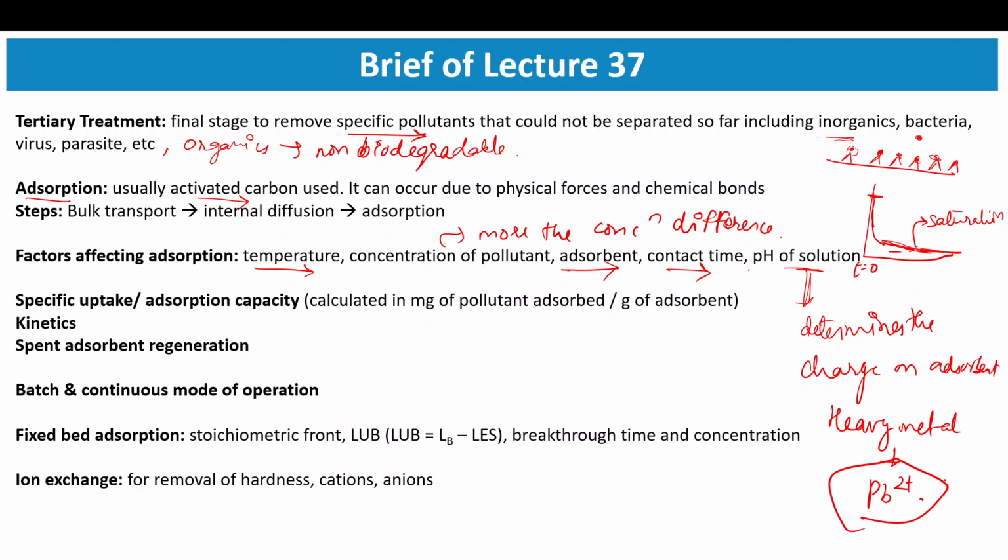Now, these positively charged lead ions are removed electrostatically. For electrostatic removal, we need a negative charge on the surface. This charge on the surface is dependent on the pH of the solution, and hence we will prefer a pH of the solution such that the surface has a negative charge so that it will easily attract the oppositely charged pollutant.